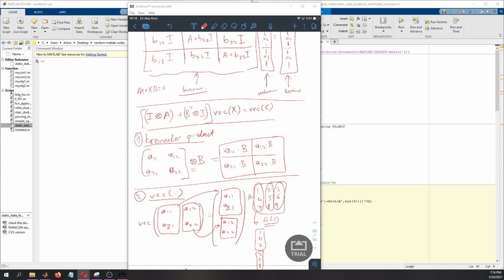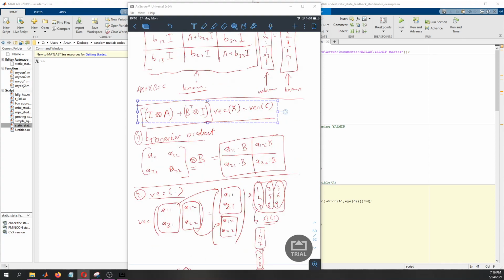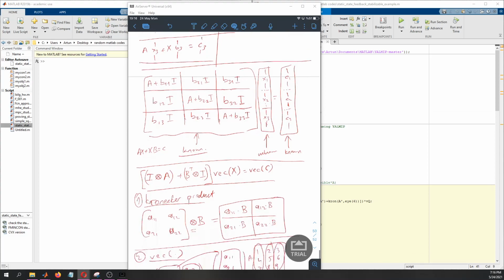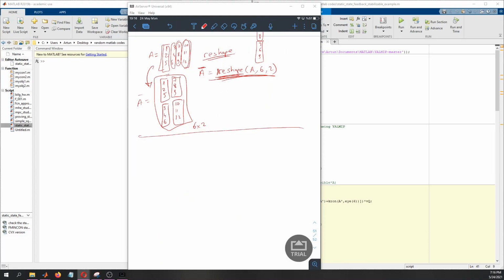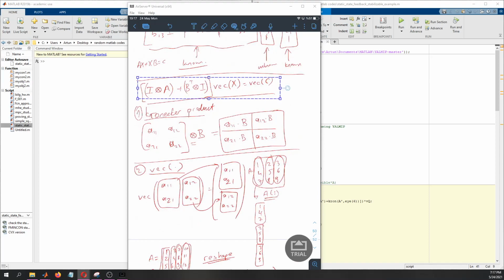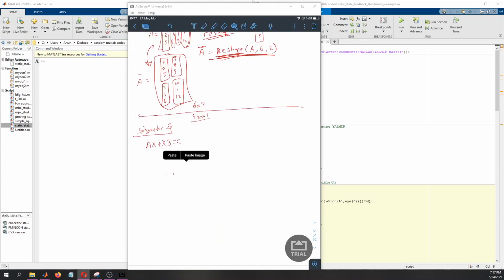Let me copy AX plus XB equals C. This is the final stage, again the Sylvester equation, AX plus XB equals C. One more time, copy, paste.